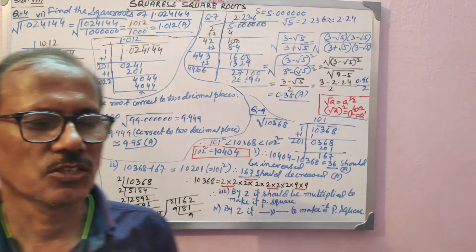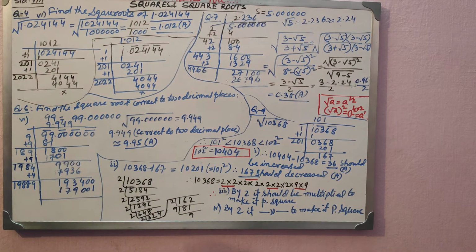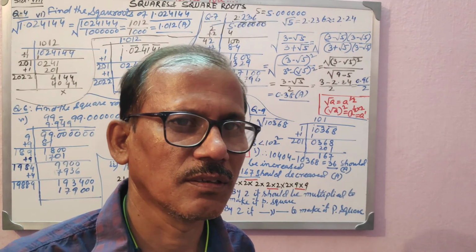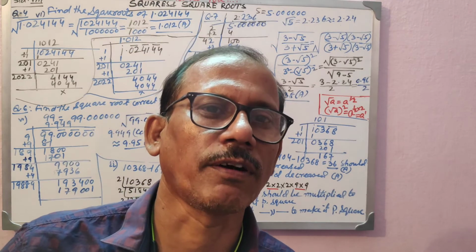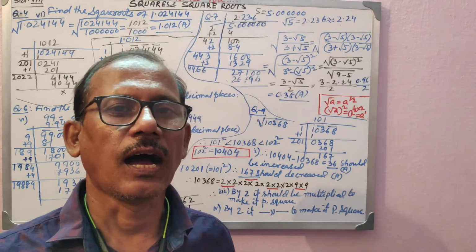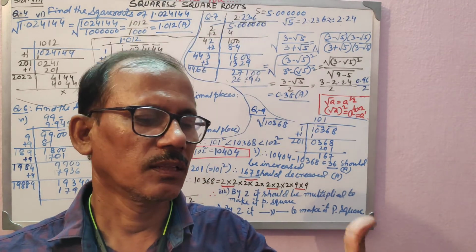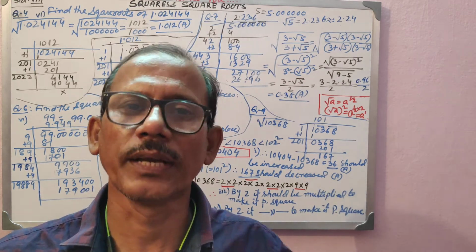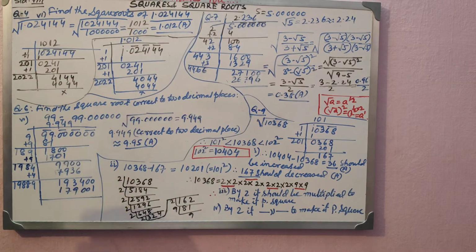Could you understand? So this way it will go on. So you can convert decimals into fractions so that all the denominators are perfect squares of powers of 10, and you can find out the square root of the numerator.